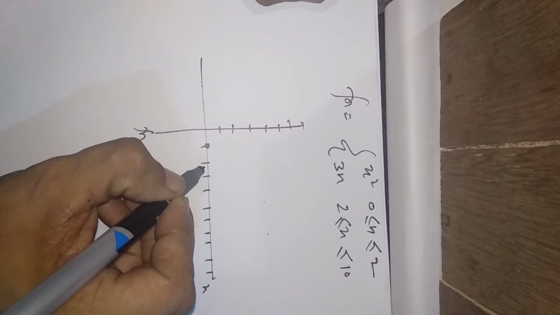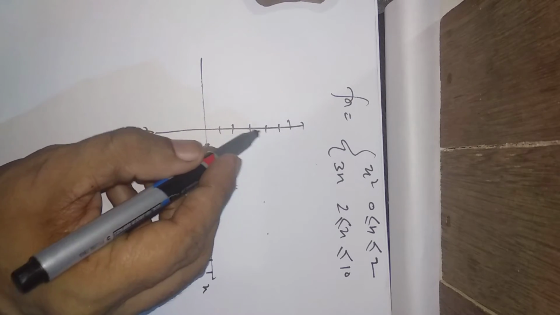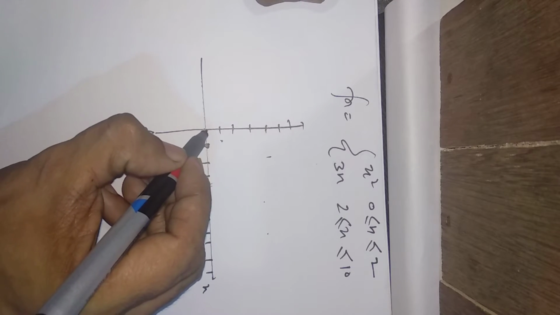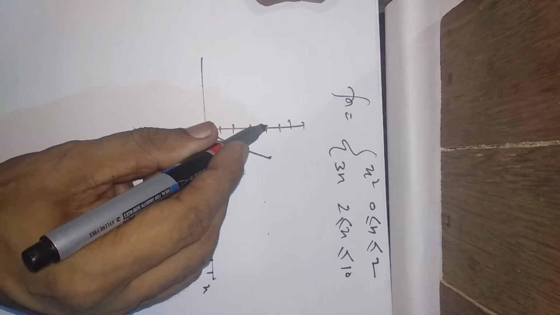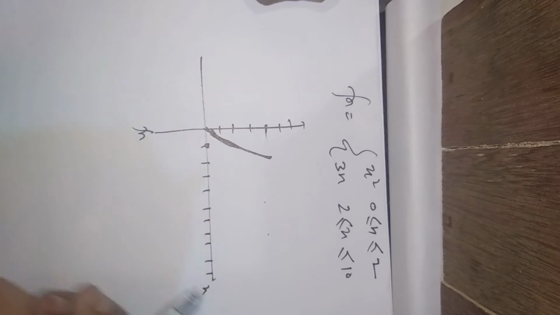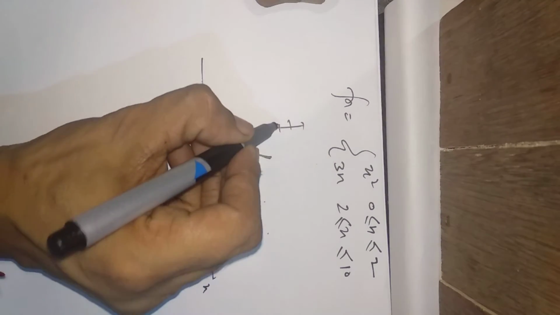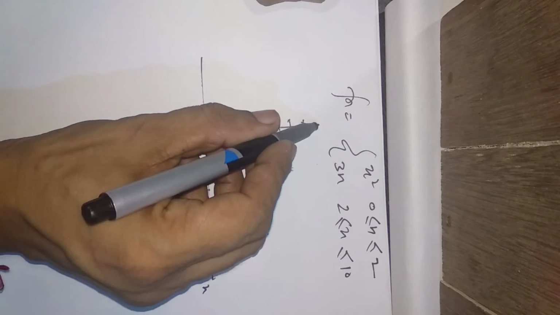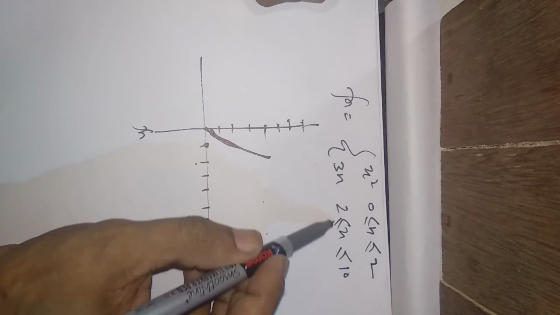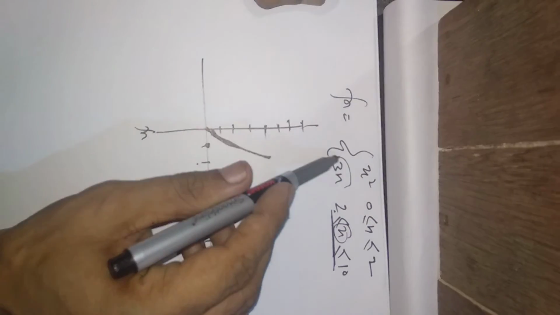It means up to 2 I have 4. 1, 2, 3, 4, so it moves like a quadratic equation. At 1 it has to be 1 and at 2 it has to be 4. So up to this part it is a quadratic equation. And this is 5, 6, 7 and so on. And at 2, in the second condition, when we take x equal to 2, it approaches 6.